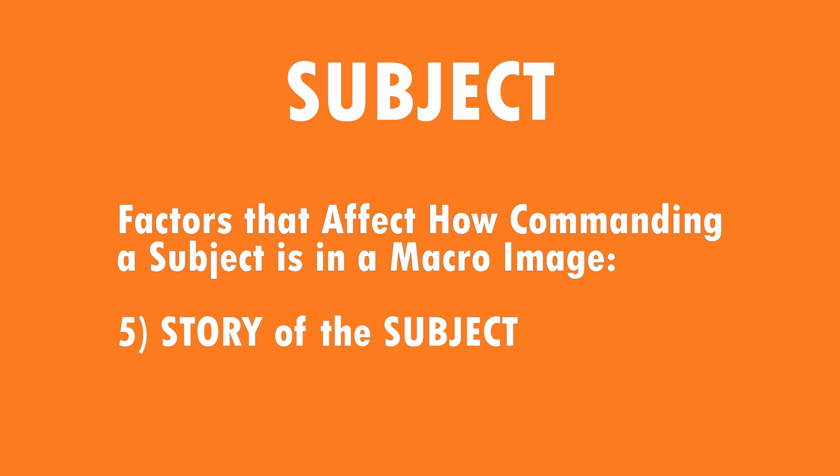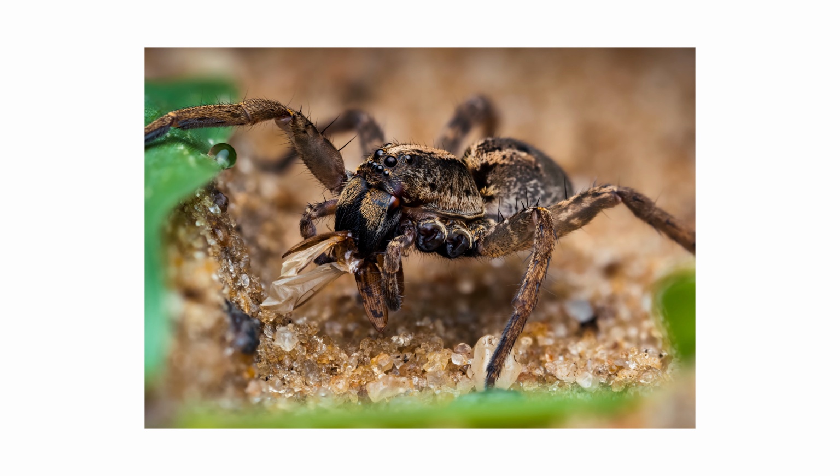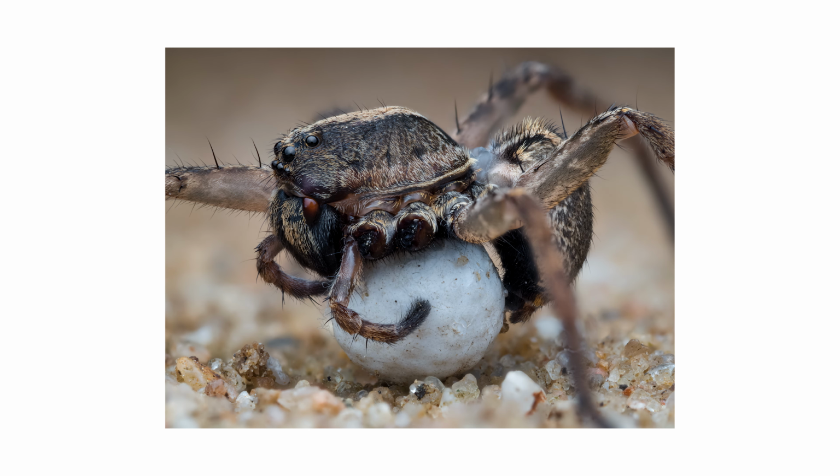The next one is the story of the subject. Now, if you ever spot a spider and the spider has lost not one, not two, not three, but four legs, what do you think of that spider? A brave spider, a spider that is adventurous, a spider that has survived storms, a spider that has been through ups and downs.